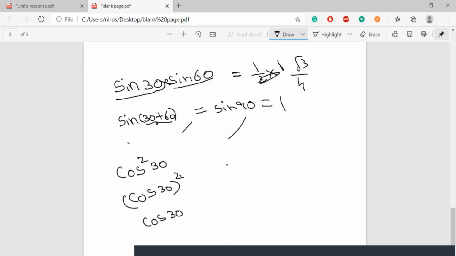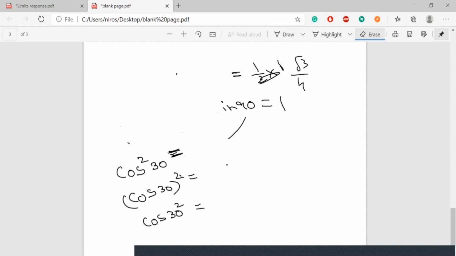Cos 30 square. Values for this. First one, cos square 30. First one is 3 by 4. 3 by 4.